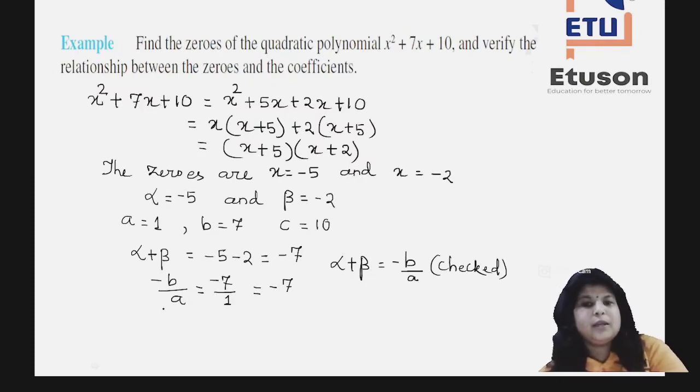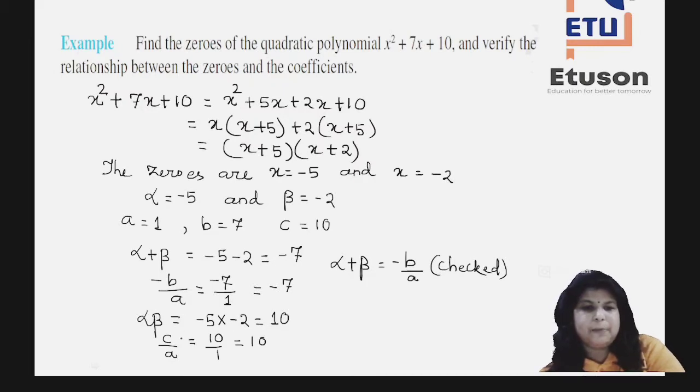So now let us verify the other relationship, that is alpha into beta. What is the value of alpha into beta here? That is equal to minus 5 into minus 2, that is equal to 10. So that should be equal to how much? c by a. So let us see what is the value of c by a here. That is 10 divided by 1, that is 10.